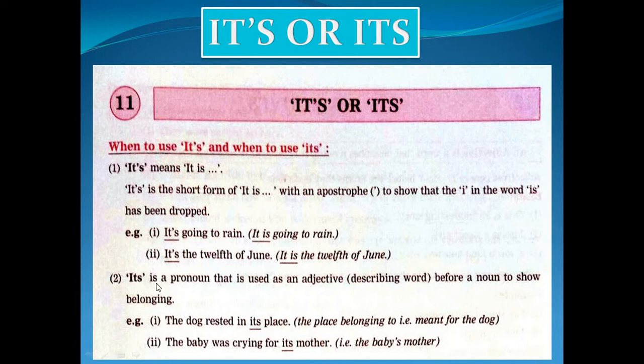So what is this its without apostrophe? It is a pronoun, and it is used before a noun, that is, before a naming word. For what? To describe the noun. It is used as an adjective.